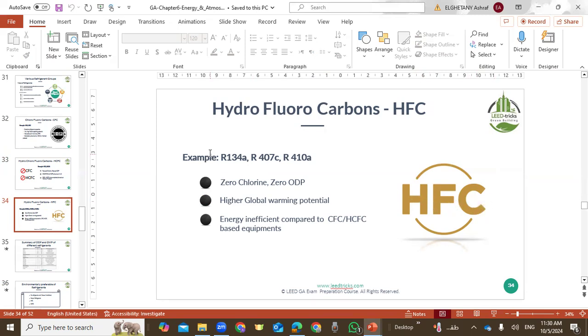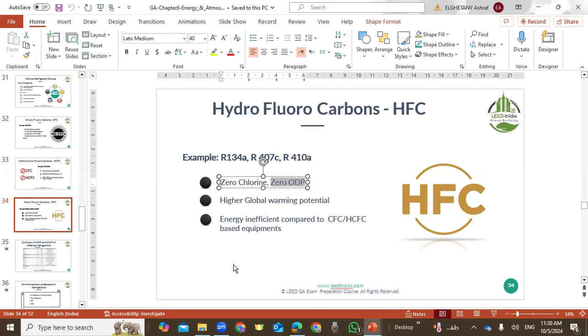HFC comes in types like R134a, R407C, R410A. Try to remember these as much as you can, because sometimes they ask this in the exam. So HFC has zero chlorine, zero ODP. Excellent, so it will not impact the ozone. That is the key point, the reason you choose it.